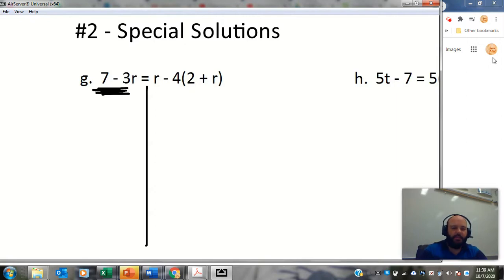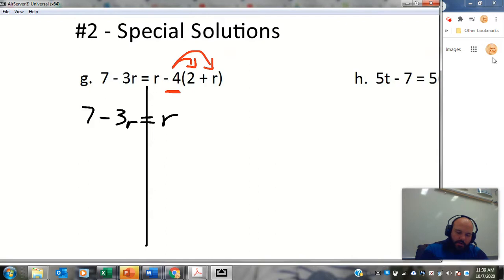The 7 minus 3r. And that answer is no. There's no like terms, so we're good over there. But looking at the right-hand side, you can see that there's this minus 4, this negative 4. It needs to distribute to the 2 and the r. So we're going to go ahead and do that. So I'm going to leave the 7 minus 3r on this side.